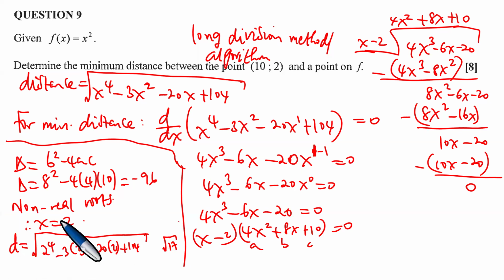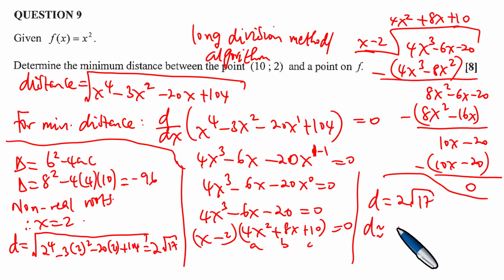So we have this, which means therefore D is 2 times the square root of 17.